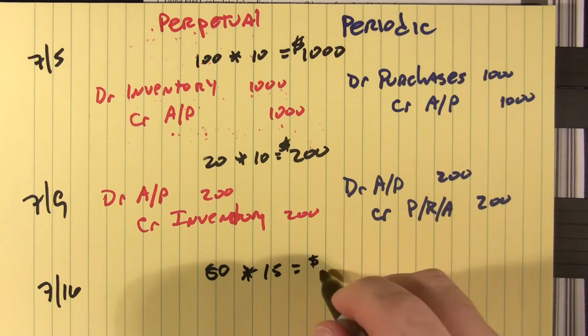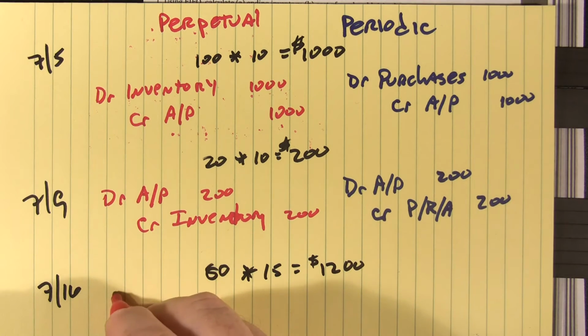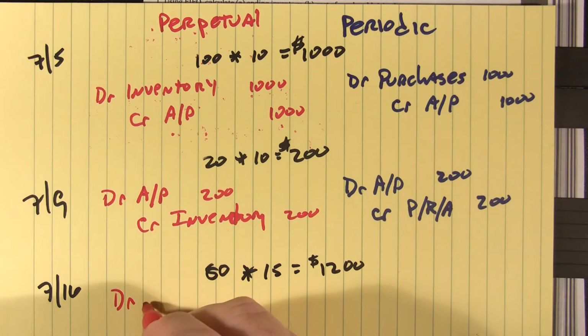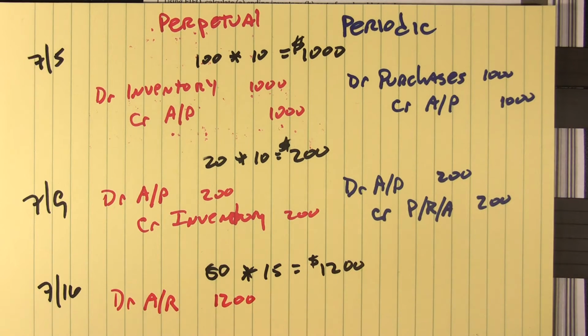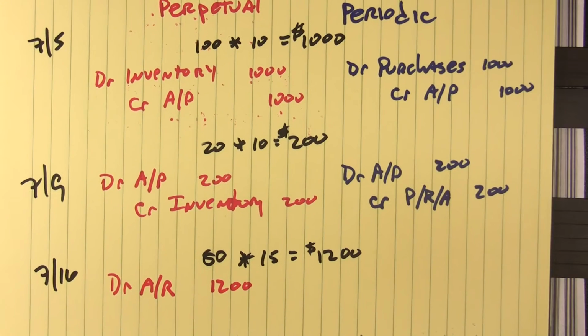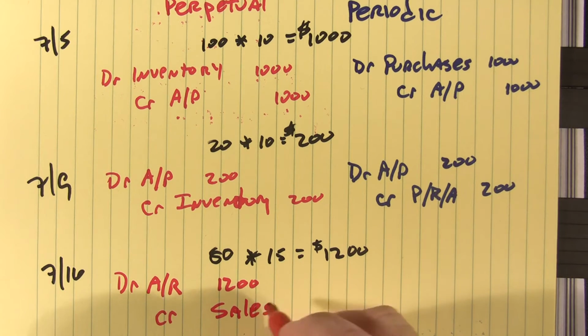So that gives us $1,200. So under the perpetual method, we're going to debit accounts receivable, $1,200. That's our item of value. And we are going to credit sales, $1,200. No mystery there.